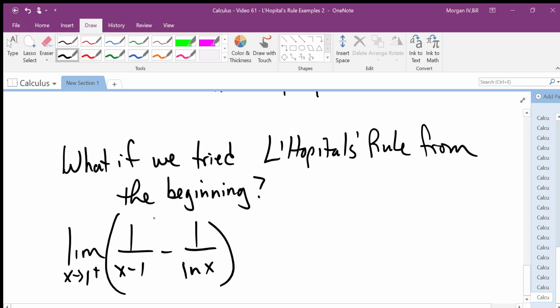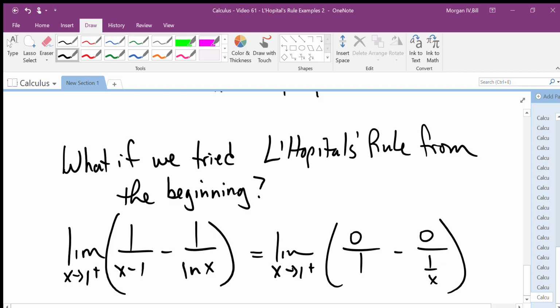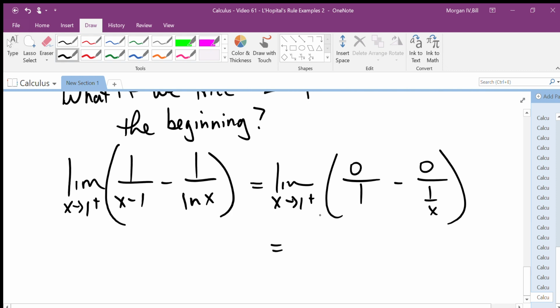Right? And I just took the derivative of 1. So L'Hopital's rule here, the derivative of 1 is 0. The derivative of x minus 1 is 1. The derivative of 1 is 0. The derivative of natural log of x is 1 over x. And if I were to now do direct substitution, plugging in 1 for all the x's, I get 0 over 1, that's 0, minus 0 over 1, that's 0, that's 0 minus 0 is 0, which is not the right answer.